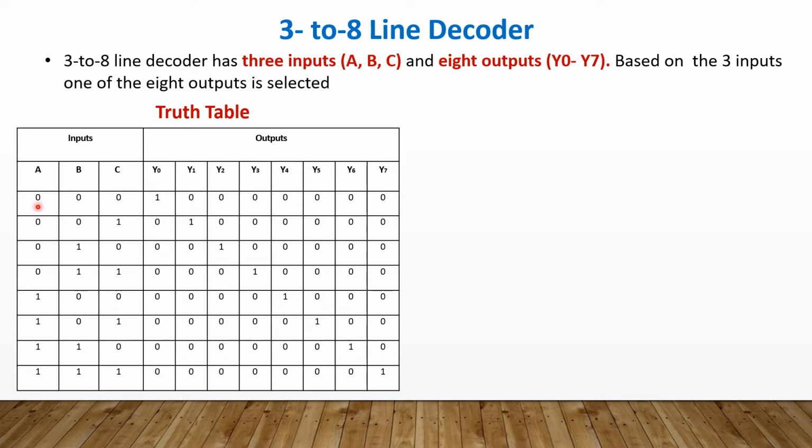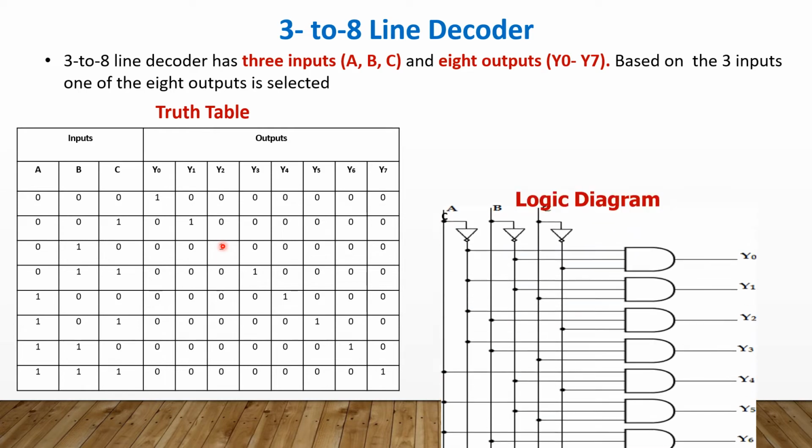Suppose, for example, all three input terminals A, B and C are equal to 0, then Y0 will be selected and the remaining outputs are equal to 0. When A is 0, B is 0 and C alone is equal to 1, then the second output terminal will be selected, and the remaining outputs will be 0. Likewise, one of the output terminals is selected based upon the input values.